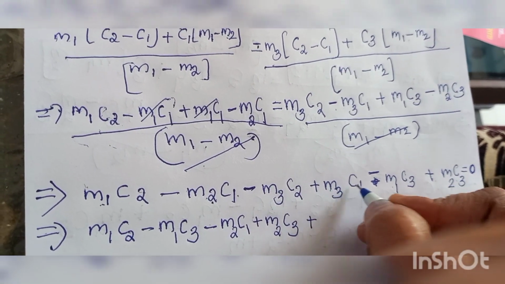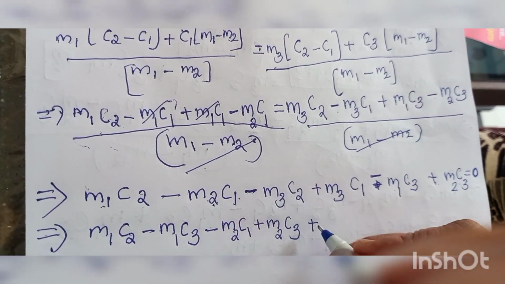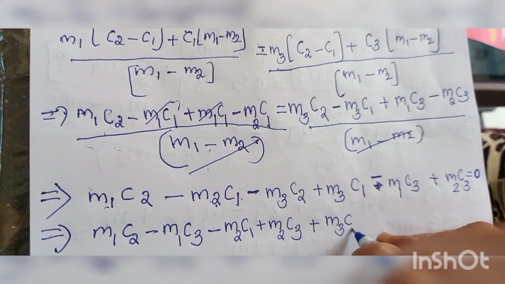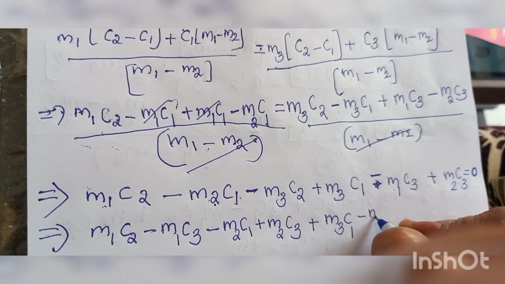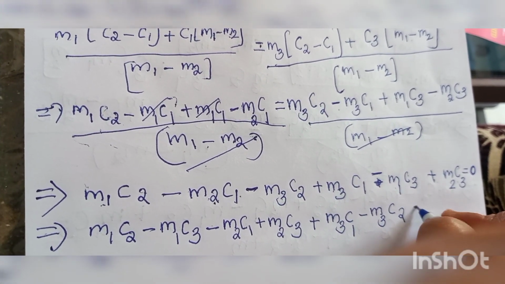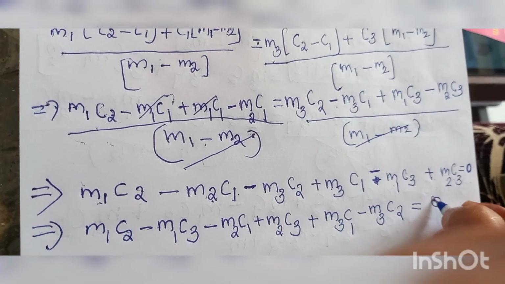Plus m3c1 and minus m3c2 we have to combine: m3c1 minus m3c2, which is equal to 0.